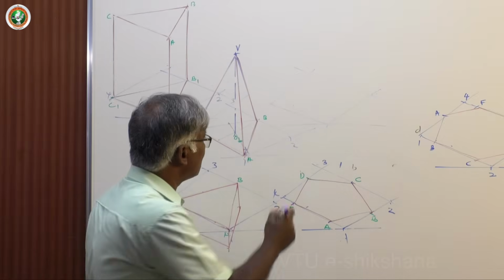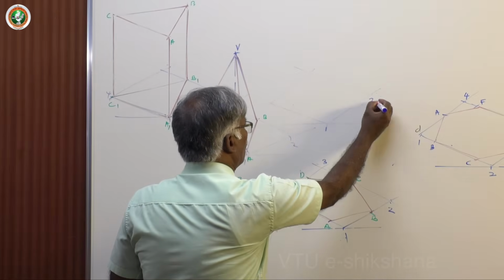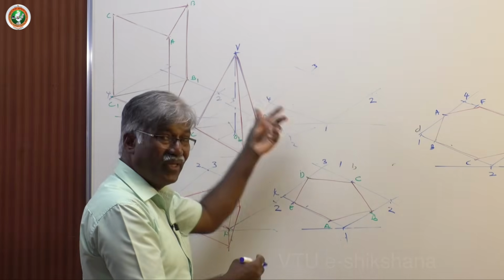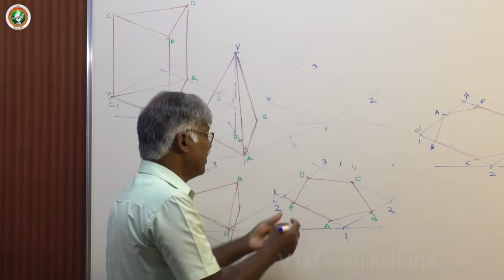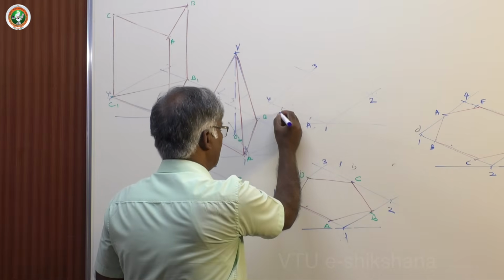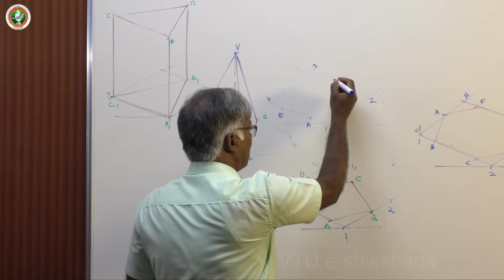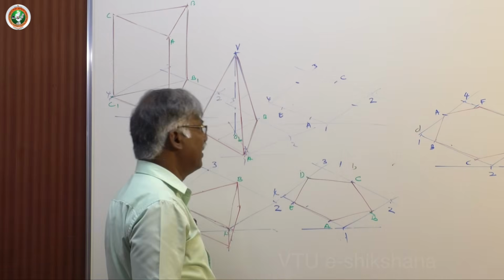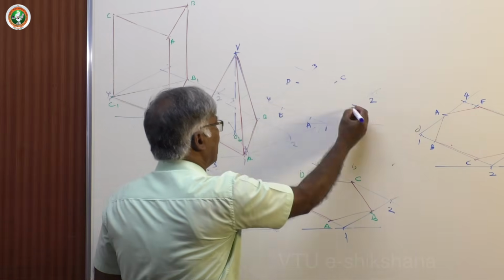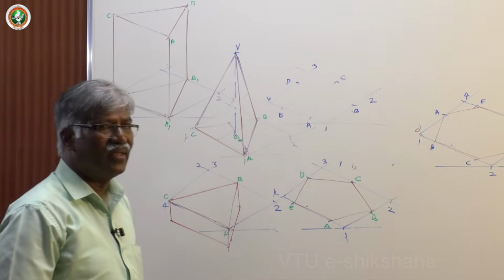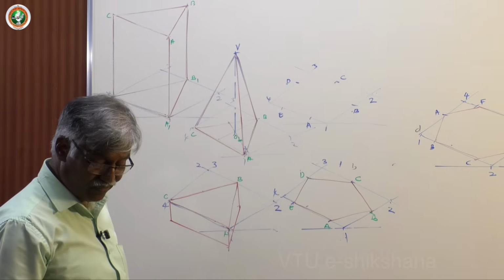Keep these lines named 1, 2, 3, 4. Then take these distances from the actual figure. You have to measure 1A. You know the procedure now. So A, this is E. Then this becomes corner C. Then B, this one is D. Okay. A, B, C, D, E. Then join them with light line.